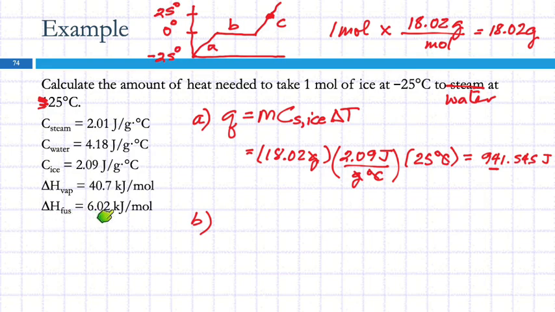And so this is this many kilojoules per mole of water. So if I have exactly 1 mole of water, and I multiply by 6.02 kilojoules per mole, the moles cancel out, and I've got 6.02 kilojoules of energy.